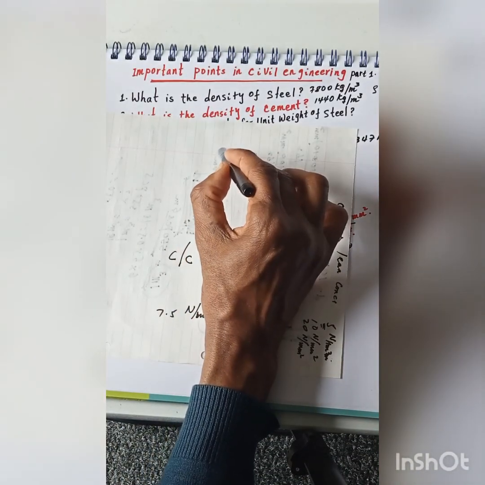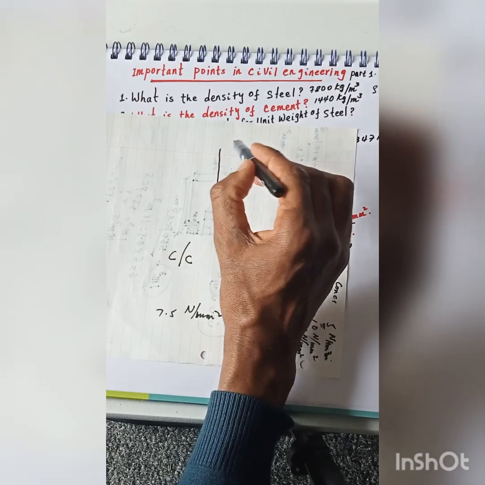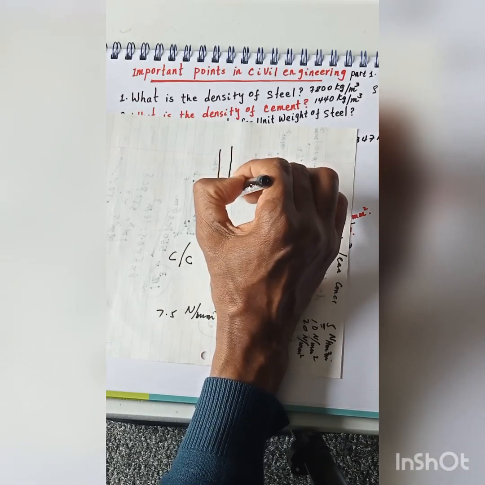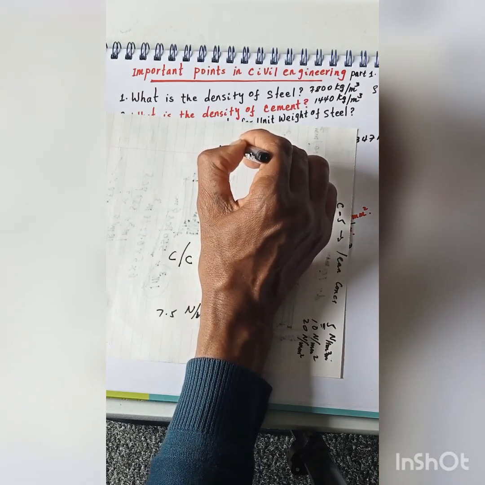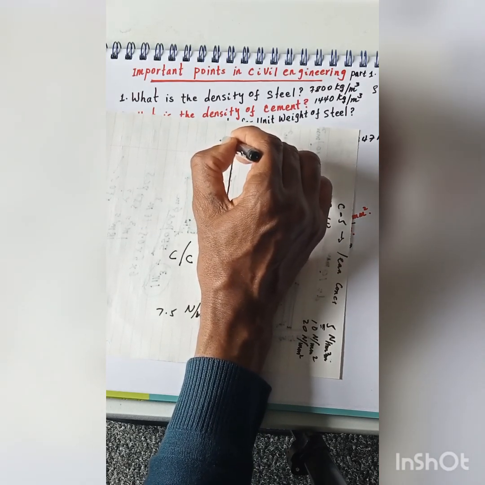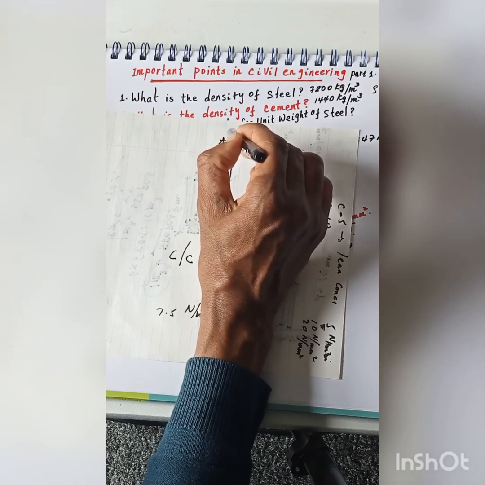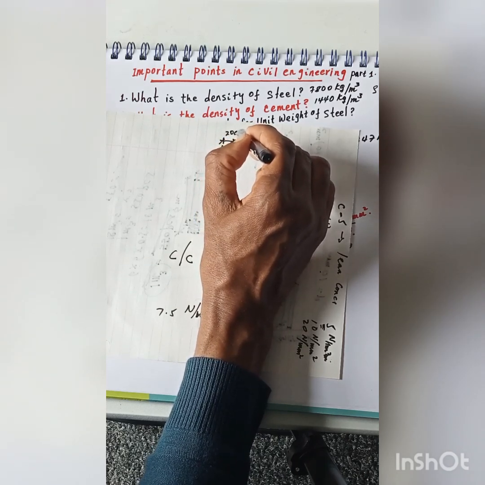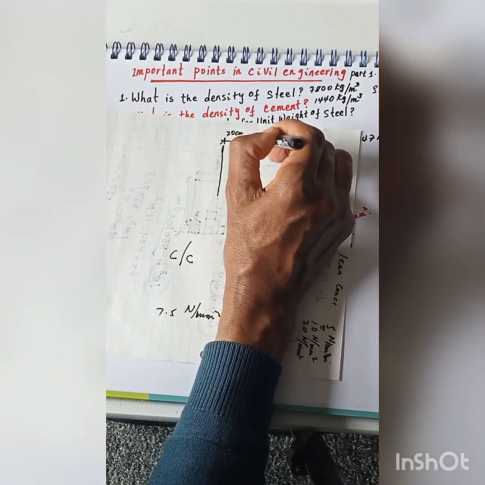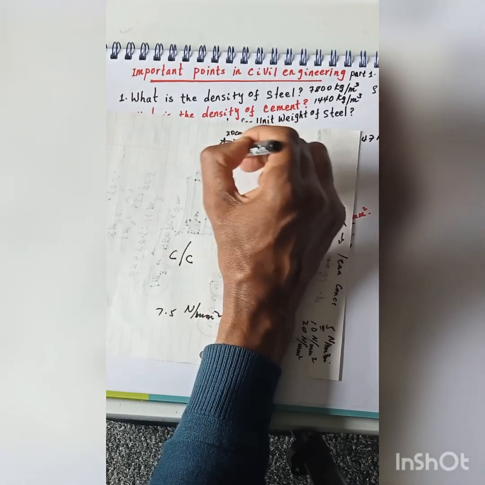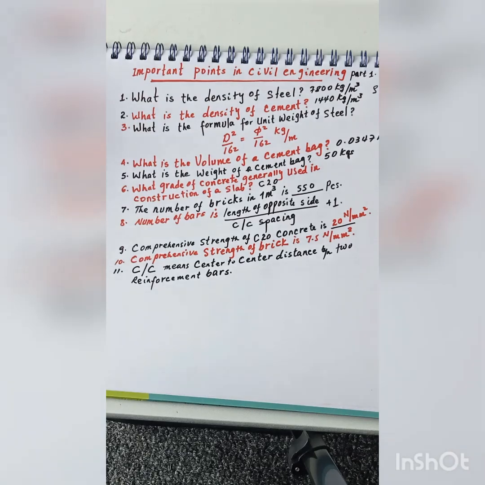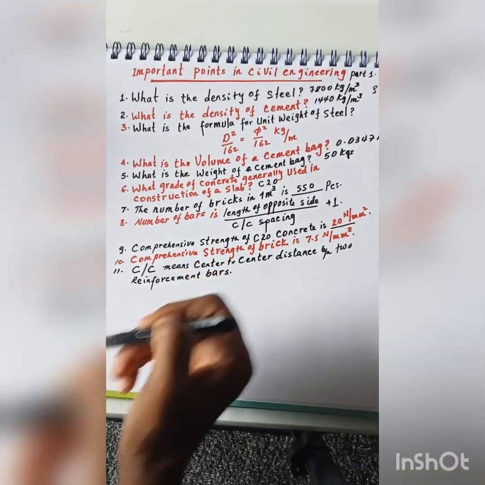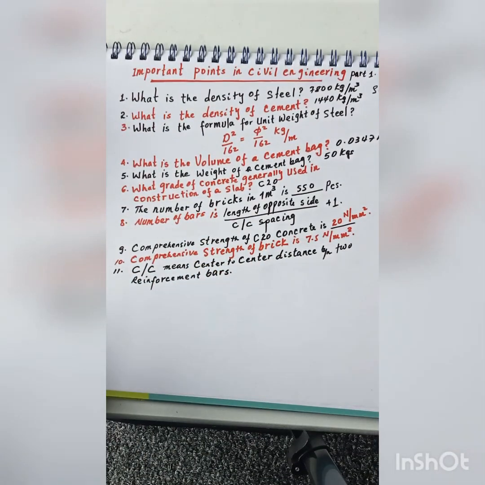If we have two bars like this, and we need to measure from center to center, and we say it is 20 centimeter, then we can say the center to center distance of these reinforcement bars is 20 centimeter. So C/C means center to center distance.